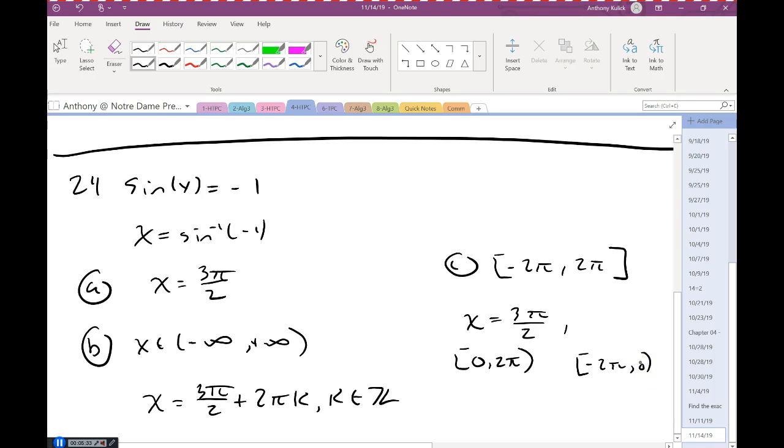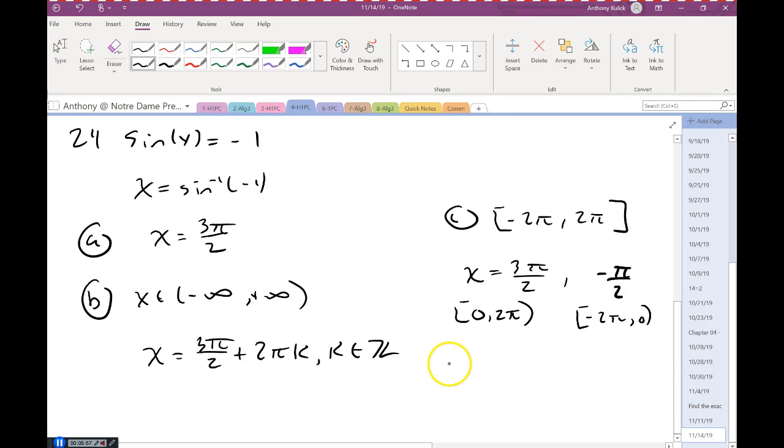How can I find that answer? I'll just subtract 2 pi from this. That'll give me a coterminal answer that's smaller than it. So when I do that, I get negative pi over 2. And if I subtracted 2 pi again, obviously I'd have something too small, right? Whatever would be left would be less than negative 2 pi. So I'll stop there. Those are my answers.